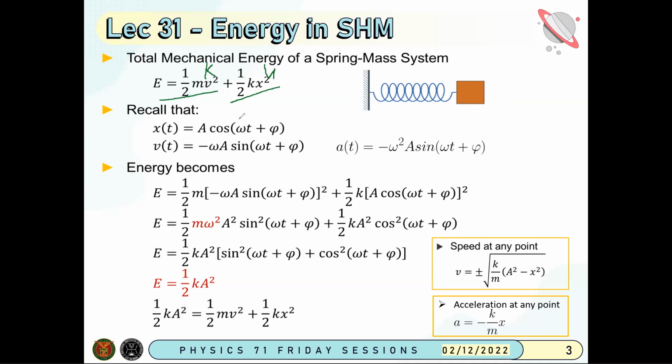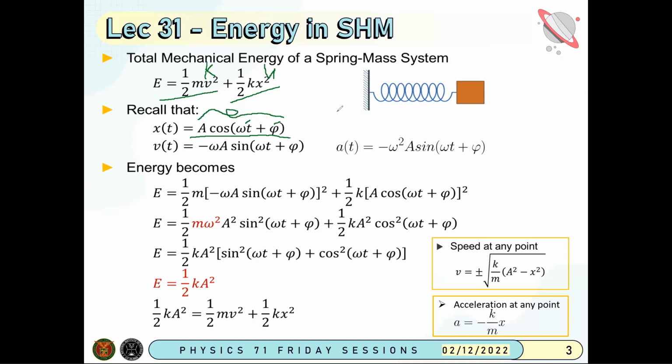Now, for any oscillation, again, recall that the instantaneous position is written as a cosine function, x of t equals A cosine of omega t plus phi, where A here is the amplitude, omega is the angular frequency, and phi is a phase factor or displacement.